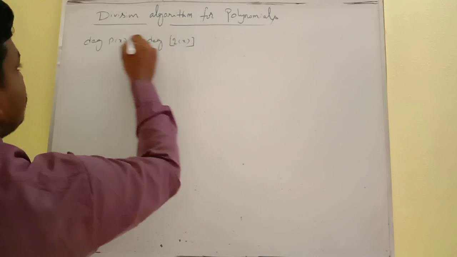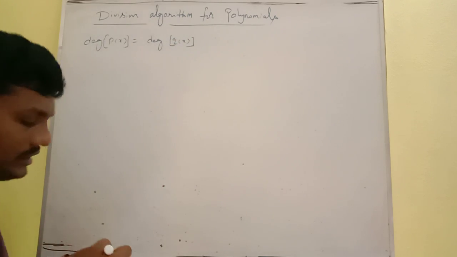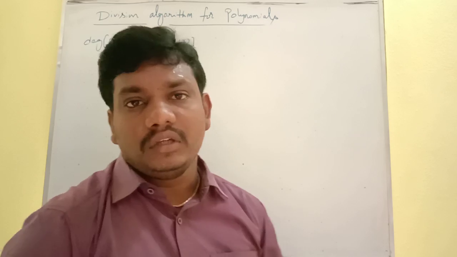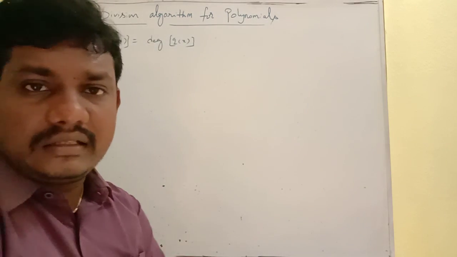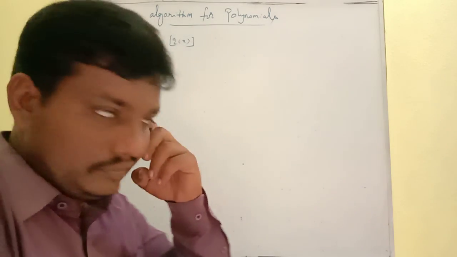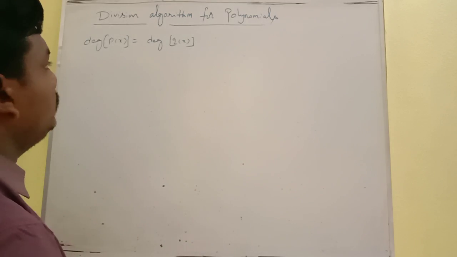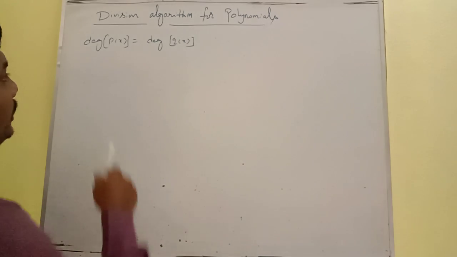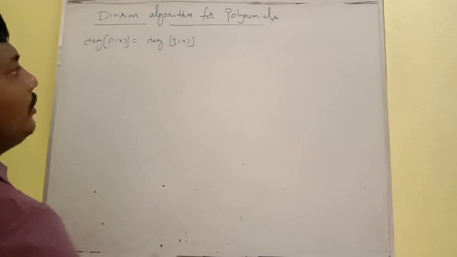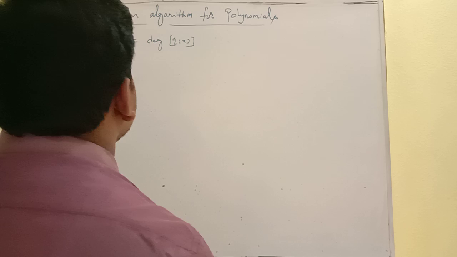By satisfying this condition, we have to give p of x, g of x, q of x and r of x values. How to give these values? First this point we have to consider: degree of p of x is equal to degree of q of x.